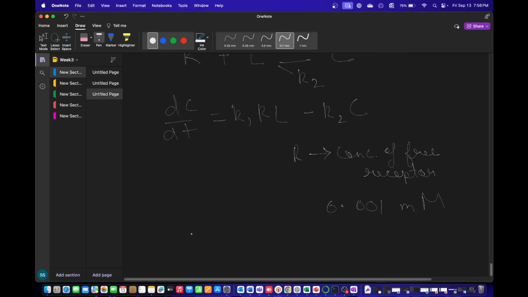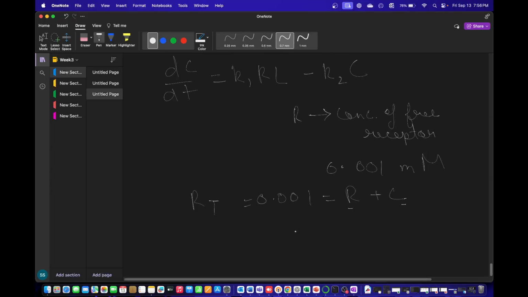So let's assume the total RT, which was the initial one, 0.001, equals R plus C, the complex-formed receptor and the free receptor. That is the total receptor, and that was the initial concentration.